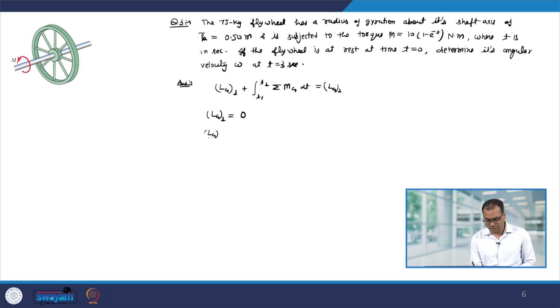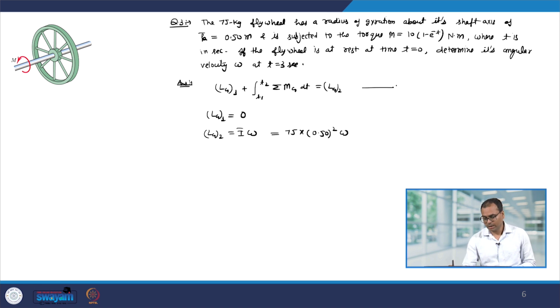Now, L_G2 will be I bar omega, where I bar is the moment of inertia, and it is given that the radius of gyration is 0.5. Okay. So, therefore, I will be m k square. So, m is 75 kg into k is 0.50 square into omega.